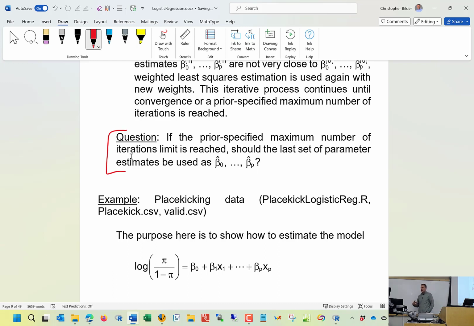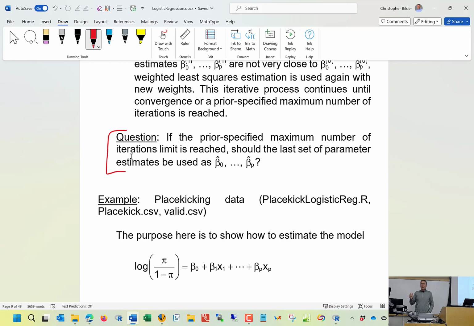At each step, your log likelihood function will continue to increase based upon how this algorithm is constructed. And eventually you get to a point where that log likelihood function is not going to increase anymore, and that also means your betas are going to be about exactly the same. When that happens, you've reached convergence. Your beta hats are converging to what they should be in the end.